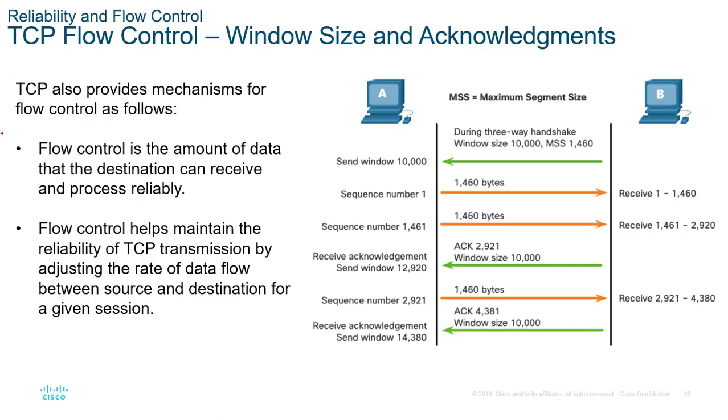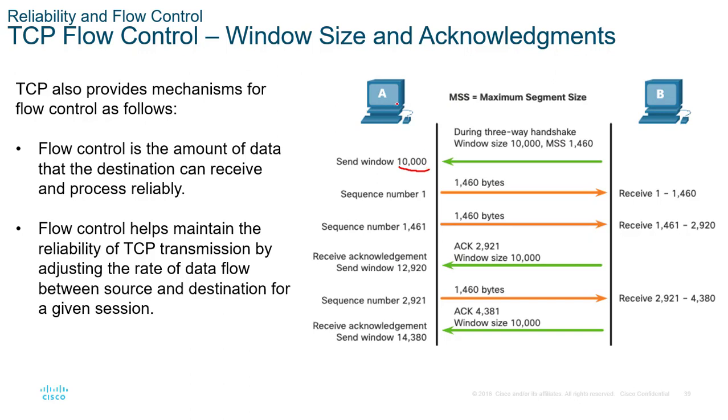So TCP, the Transmission Control Protocol, also provides mechanisms for flow control by setting a window size. That is the amount of data that the destination can receive and process reliably. So let's say that during the handshake our maximum window size is 10,000 bytes.